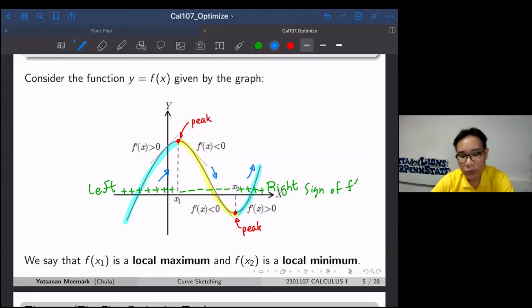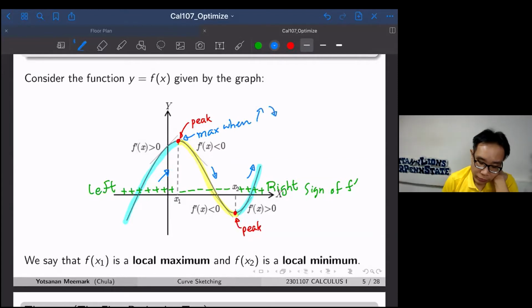So you see that it's going to turn out to be a maximum when positive changes to negative, and here it's going to be a minimum when negative changes to positive.